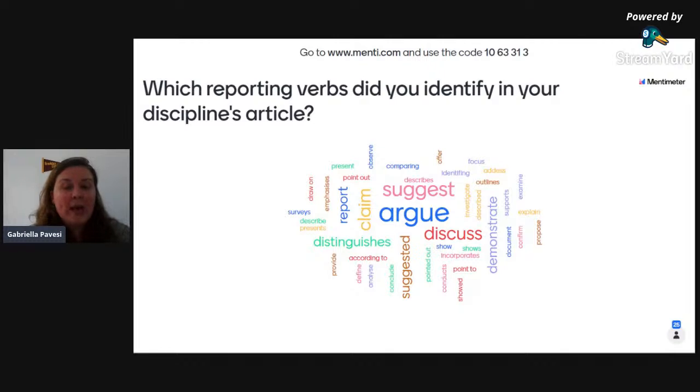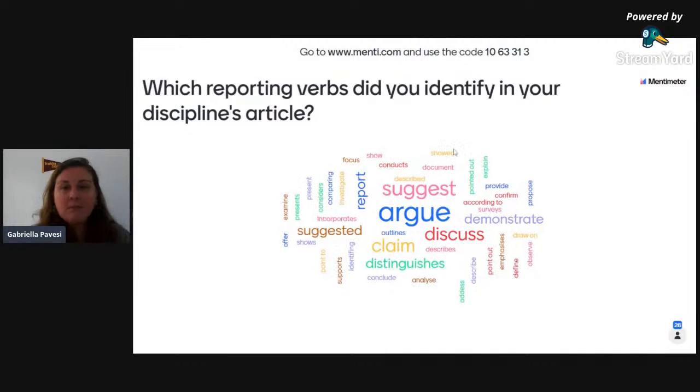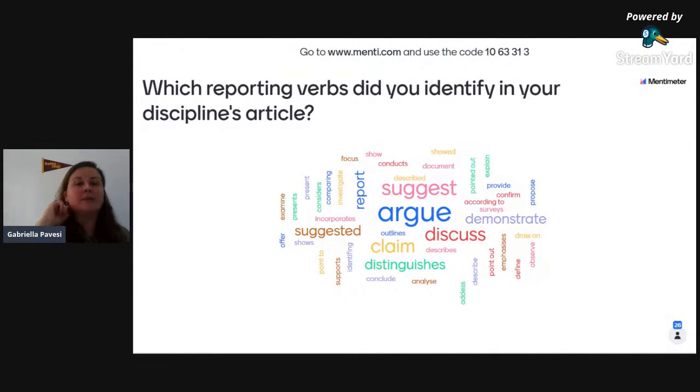All right, excellent. So we have here this word cloud that Mentimeter creates from your input. Mentimeter creates it based on the most frequent ones in the center, and the least frequent inputs become a little smaller in the back. So we see that argue is a verb that appeared quite frequently in the brief research that you just did now.